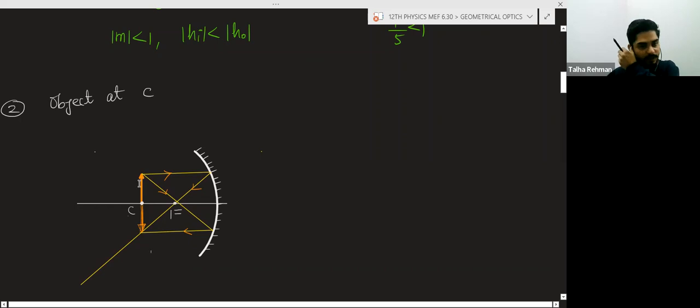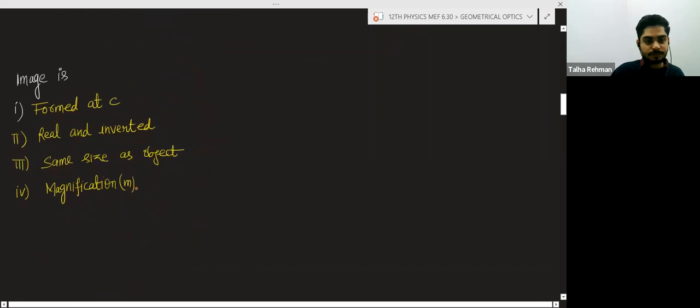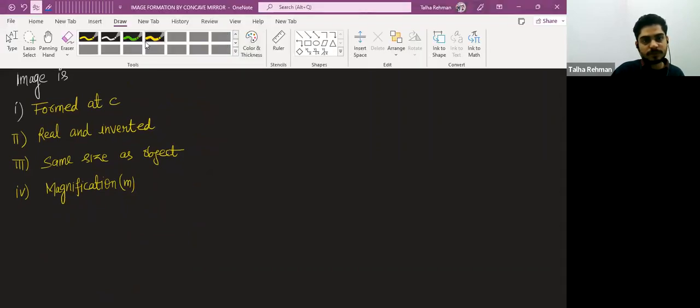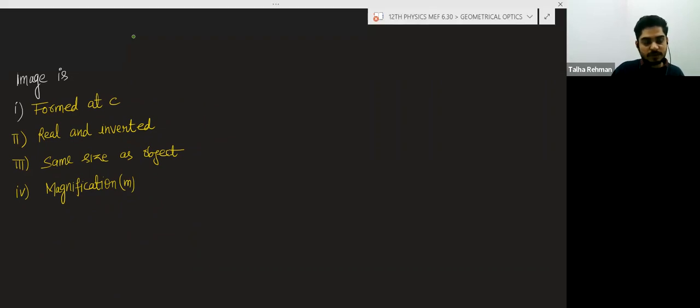Magnification will be negative because height of the image is negative, height of the object is positive. Magnification is negative, and magnitude of the magnification is equal to 1. So here you can write mod of magnification is equal to 1, because height of image is equal to height of object.